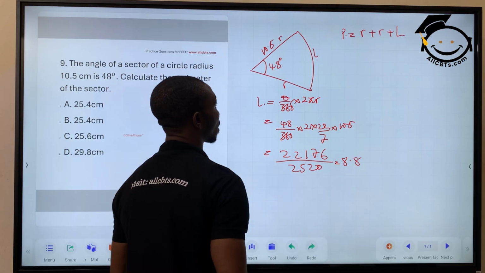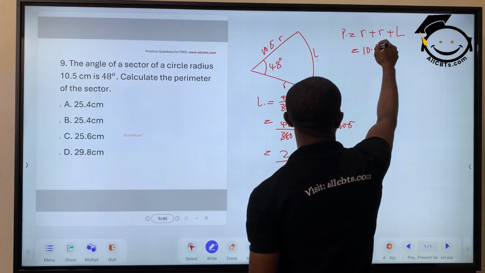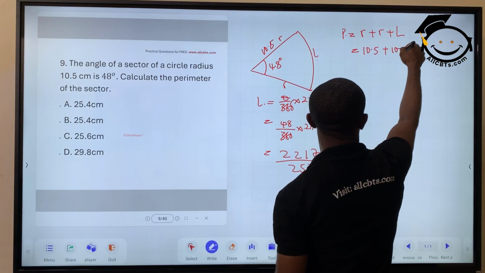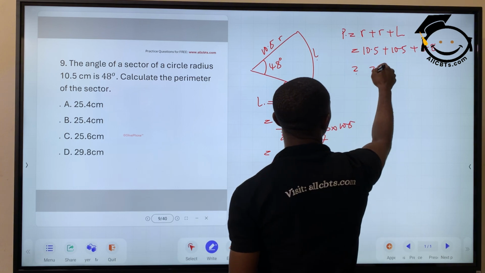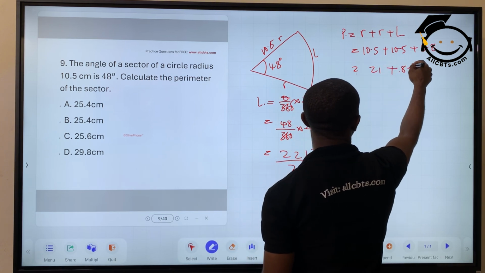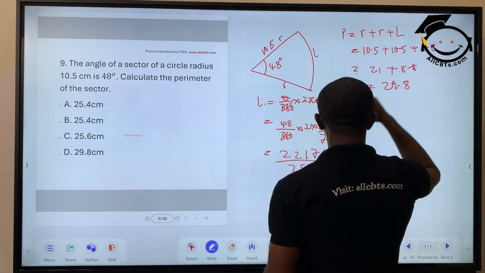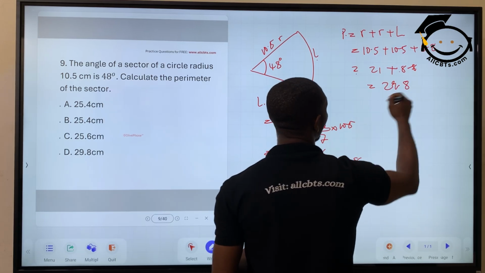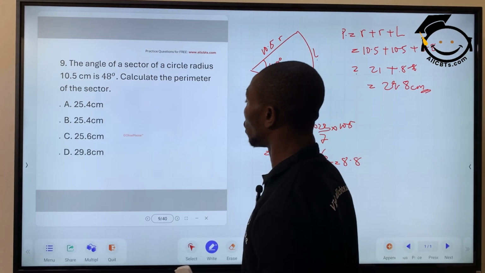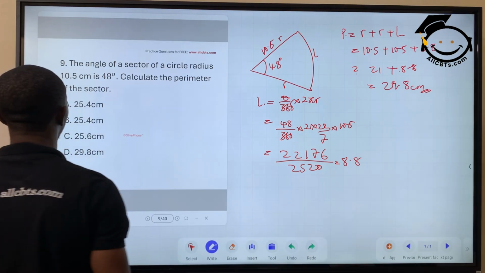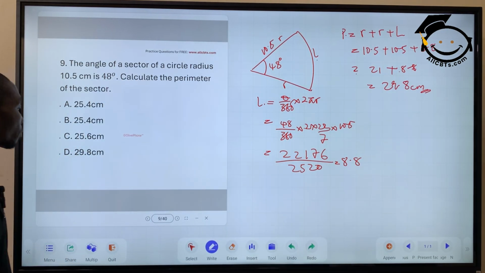So our length of arc is 8.8. So back to our perimeter, 10.5 plus 10.5 plus 8.8. This gives us 21 plus 8.8, which gives us 29.8 centimeters. So the perimeter of the sector will be 29.8 centimeters.